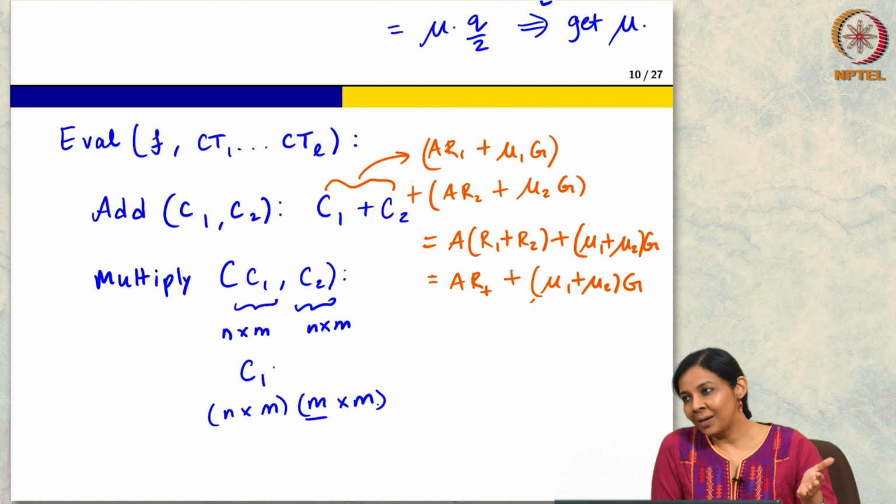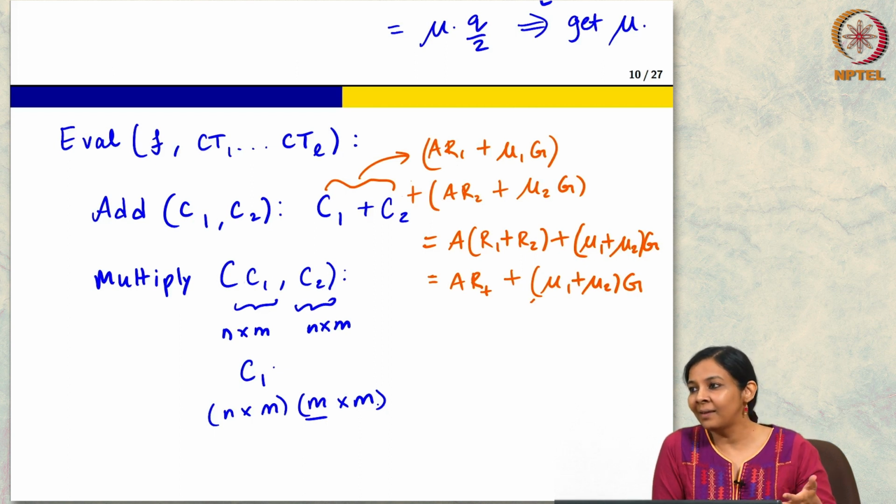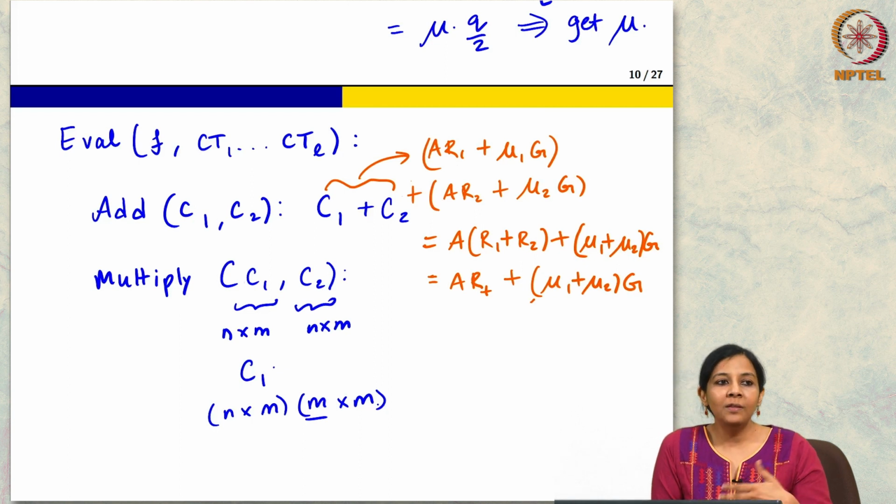Whatever else you do, anyway it is going to be hard to make correctness and security work, no matter what you do. But at the very least, a necessary but far from sufficient condition is to keep the noise from blowing up. So, since my C1 has noise in it, if I pad C2 with zeros or take transpose or something, will that prevent the noise in C1 from blowing up?